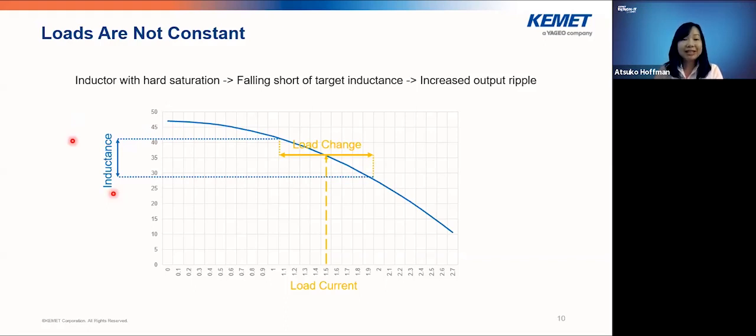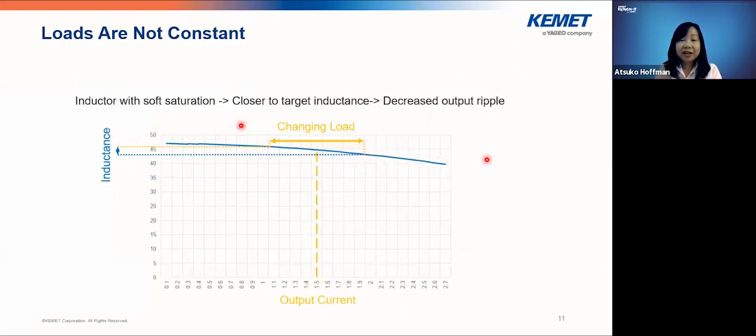What that means is that the target inductance may be falling short, and it may result in an increase of output ripple. On the other hand, if you look at the metal composite inductor, it has a soft saturation profile.